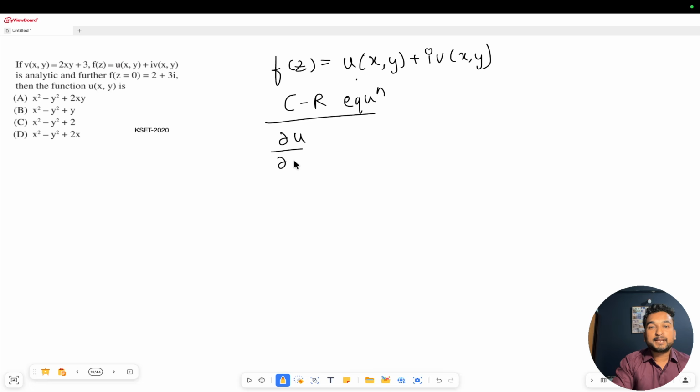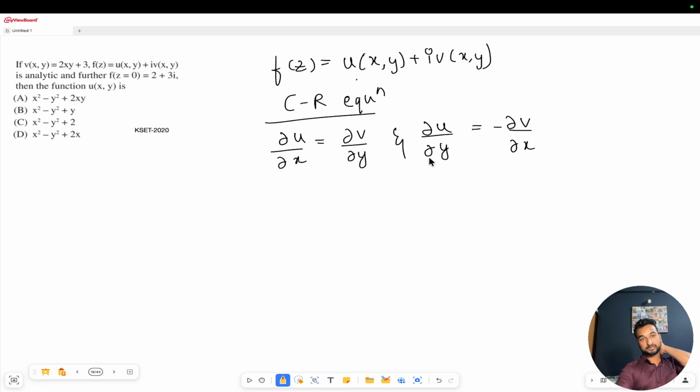Del u by del x is equal to del v by del y, and the other equation is del u by del y is equal to minus del v by del x. These are the two equations. So solving this, you can calculate u of x, y. How? You are already given v of x comma y.